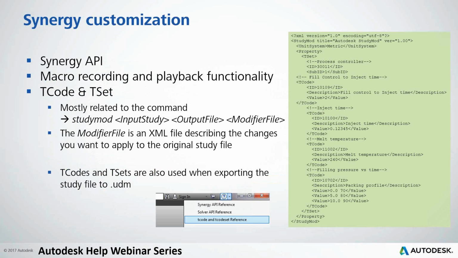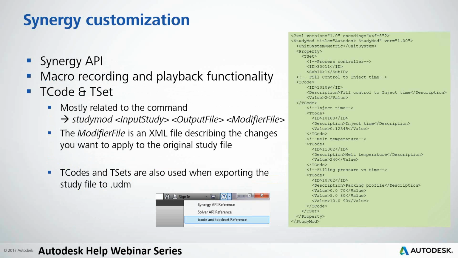So we have here on the right-hand side in this green area an example of such a modifier file. You could see here that we are changing some of the parameters in the process settings, but these parameters are not just described by words, they are described by a number, and this number is the T codes and the T sets.